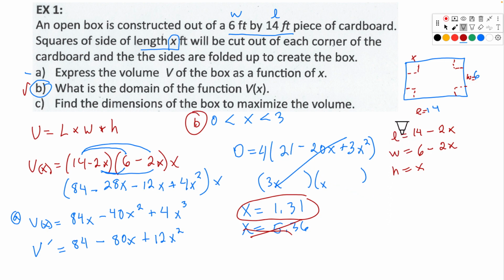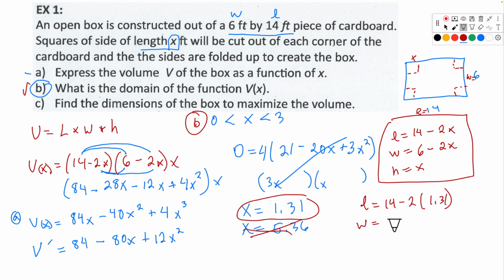So now I can take this earlier information and calculate that the length is going to be 14 minus 2 times 1.31. The width is going to be 6 minus 2 times 1.31. And the height is going to be 1.31. And that's what they want, the dimensions of the box.